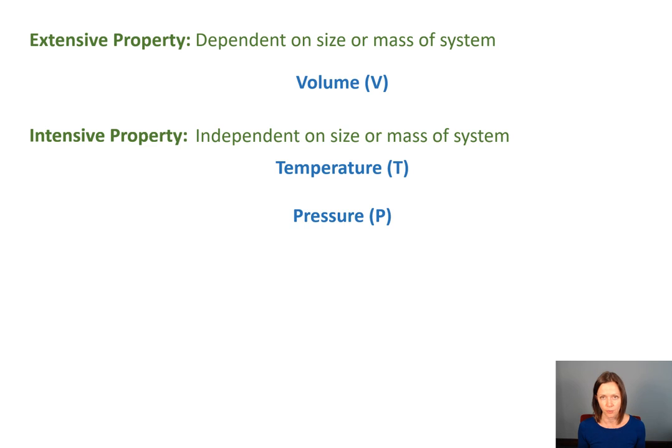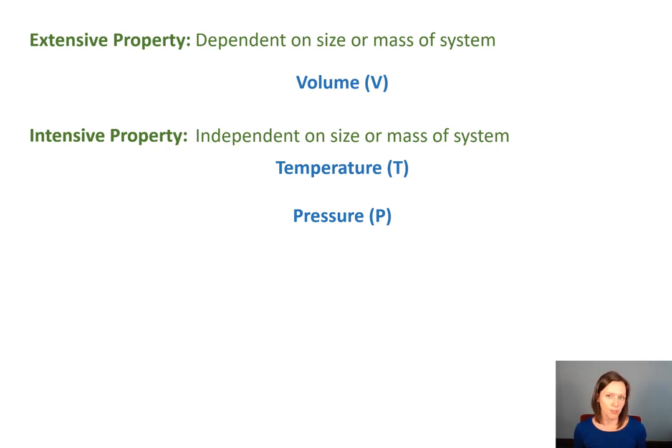So if I'm thinking about the temperature of all the air in this room, it's about 25 degrees Celsius. And then if I'm interested in this little pocket of air right here, if I could draw the boundary around just this little tiny pocket of air, temperature should still be about 25 degrees Celsius, right? And the same with the pressure. So temperature and pressure are intensive properties.